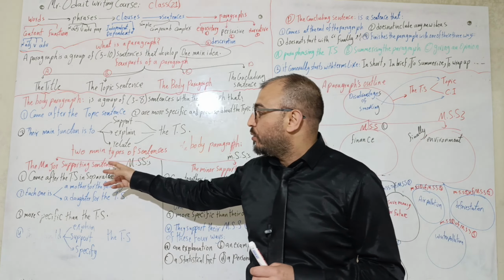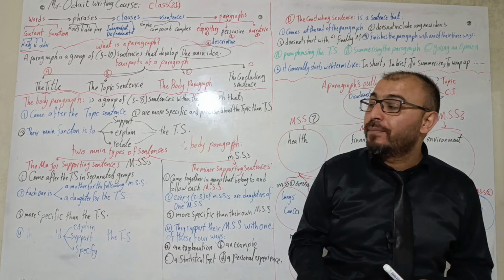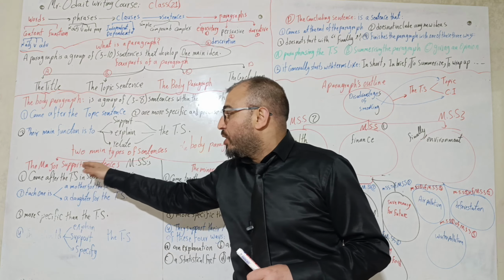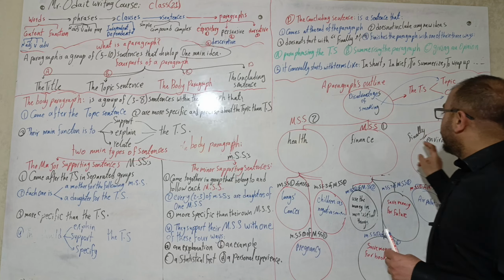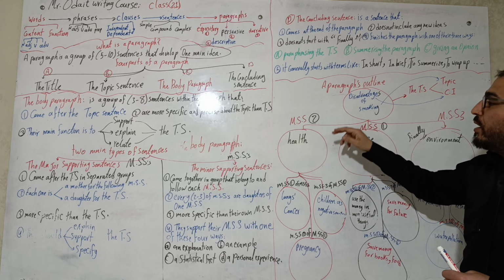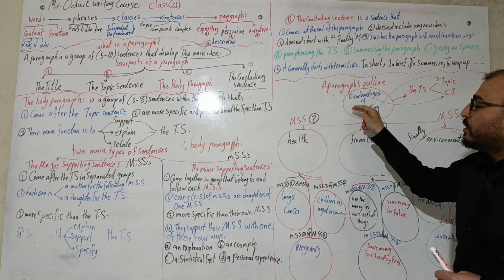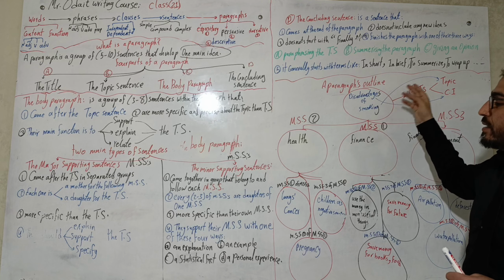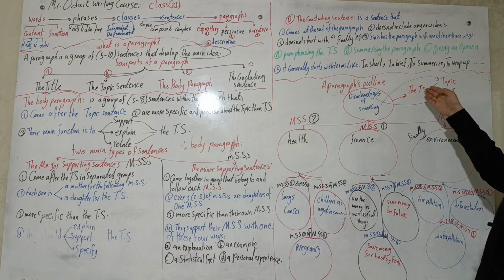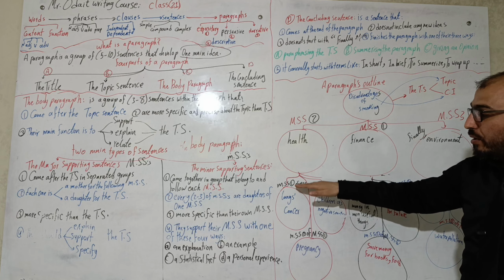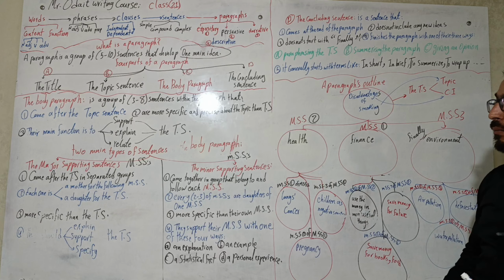And we said that we have 2 types of sentences inside the body paragraph. The first type is called the major supporting sentences, which are the main branches of the topic sentence. And then we said that those branches are more specific than the topic sentence, which includes the topic and the controlling idea, and they should be more general than their own minors.